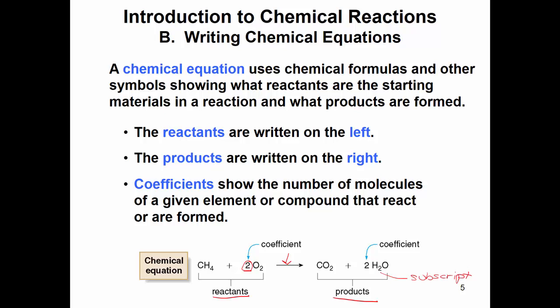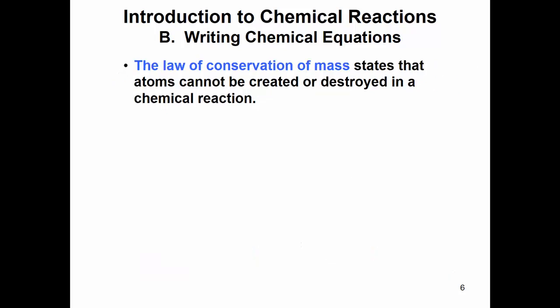We cannot change these numbers because if we change them, then you change the composition of the molecule. You'll need this later when you're balancing equations, but just remember that the coefficients out front tell you how many molecules you have, and we can change these so that our equations balance. We'll do that at a later time.